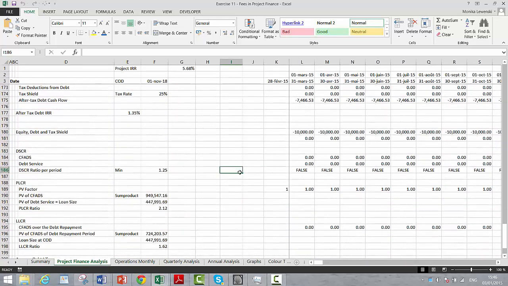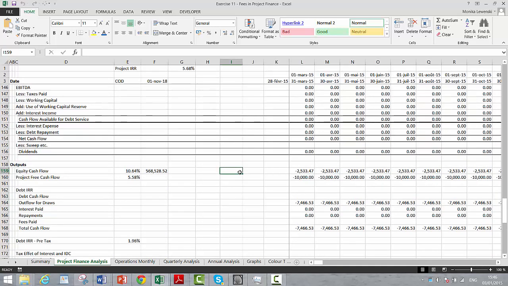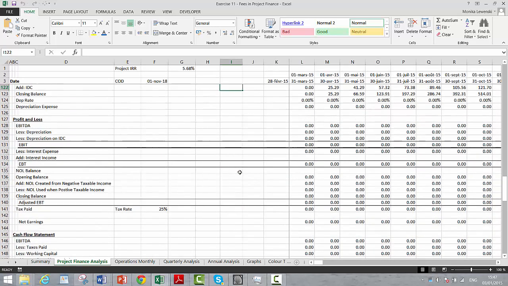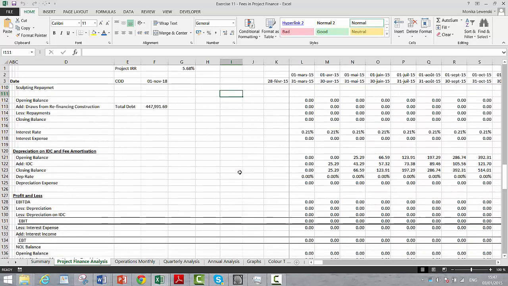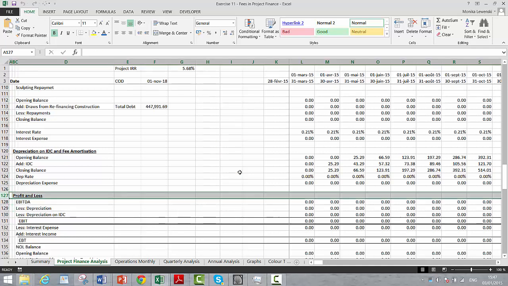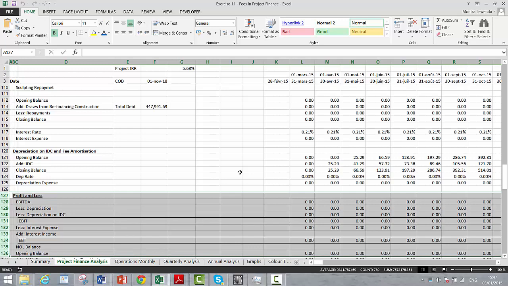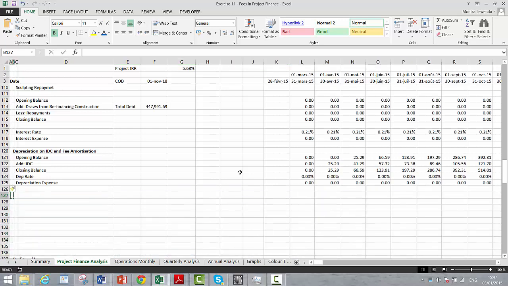And the last thing to do is to add, remember, the fees better not affect the project IRR whatsoever. And that means the amortization on the fees and everything else shouldn't affect it.